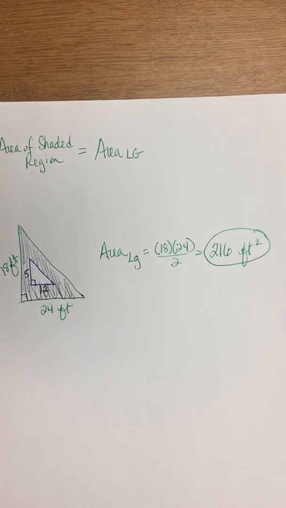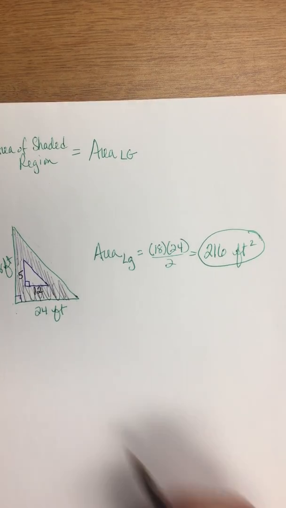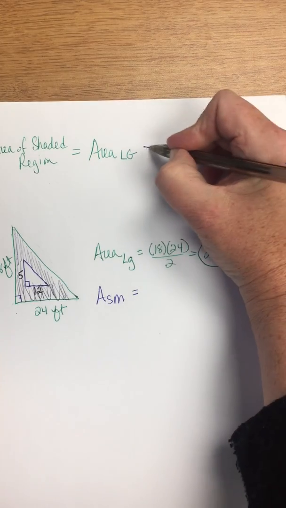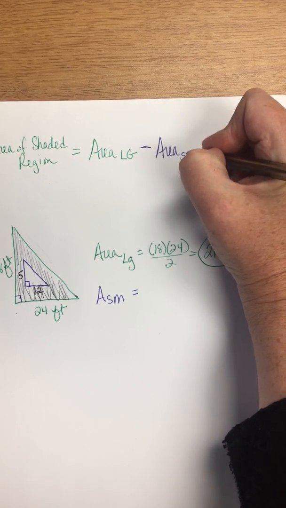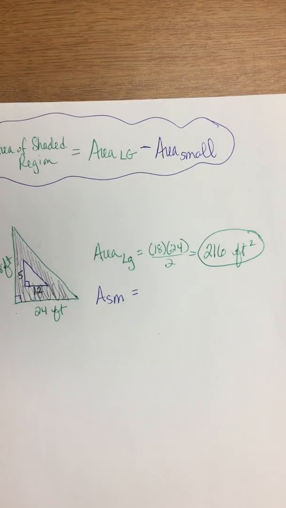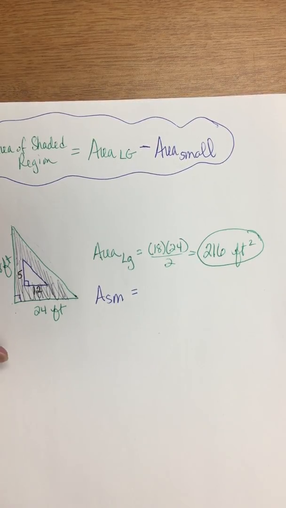And from that, you would subtract the area of the small figure inside. So I would subtract the area of the small figure. And this is the rule that you should put on your index card. And this is the example. You can put it on your index card if you want, just to refresh your memory.